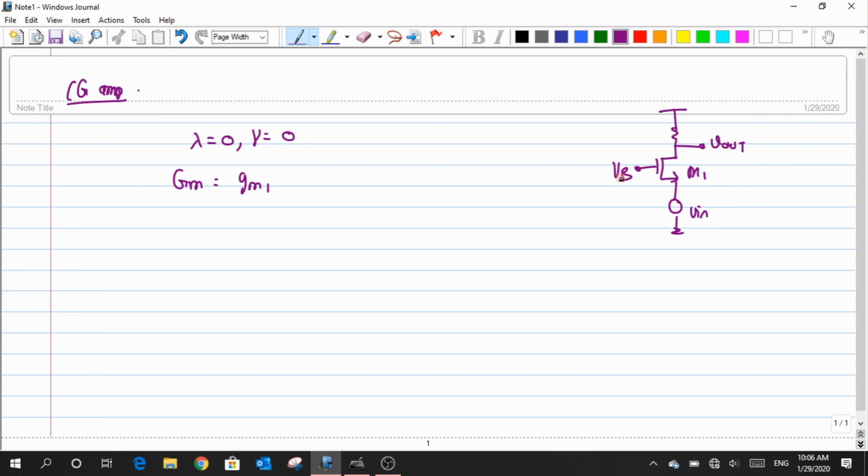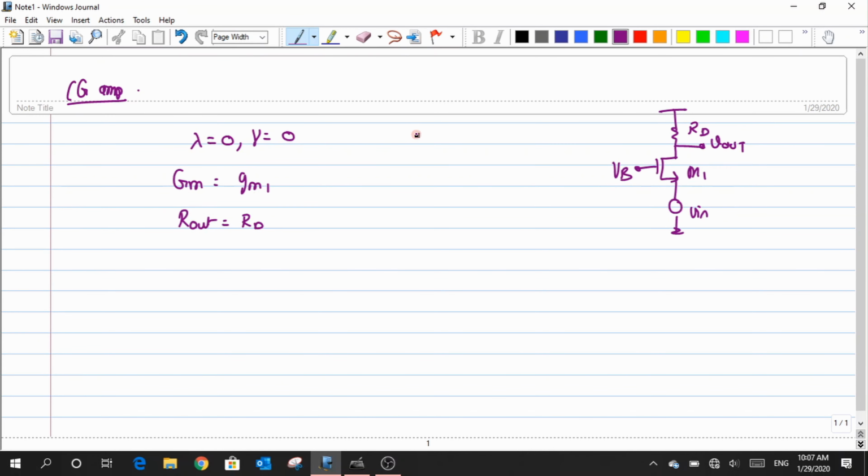In this case, if I have lambda equal to 0 and gamma equal to 0, obviously the Gm that I would get out of the circuit is just Gm1 itself, and obviously the R out would then be equal to RD.